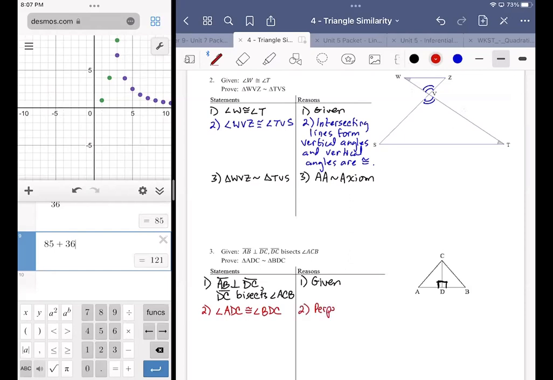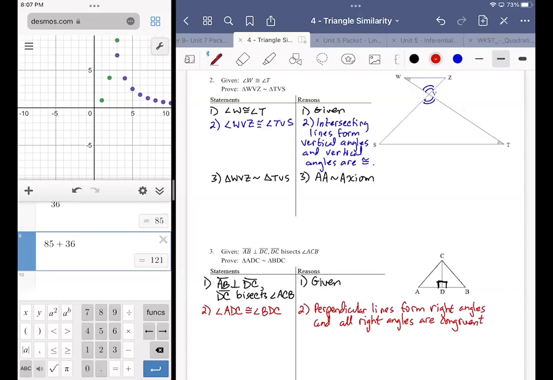Perpendicular lines form right angles, and all right angles are congruent. All right, so we covered it all in one shot.